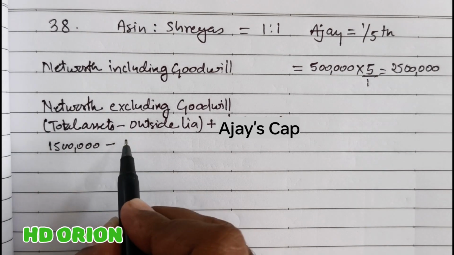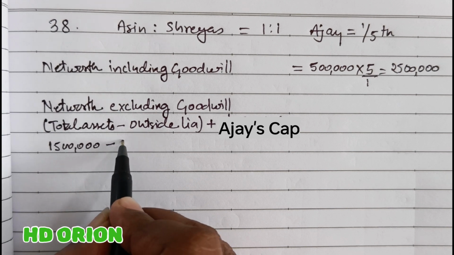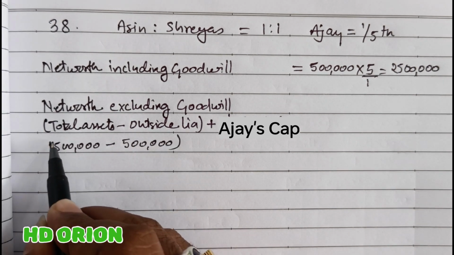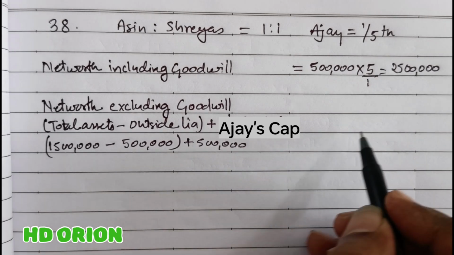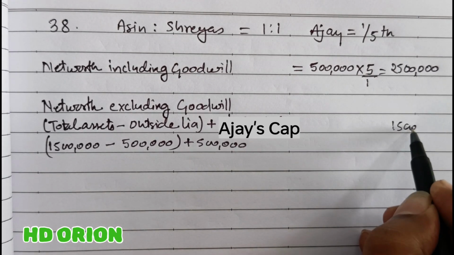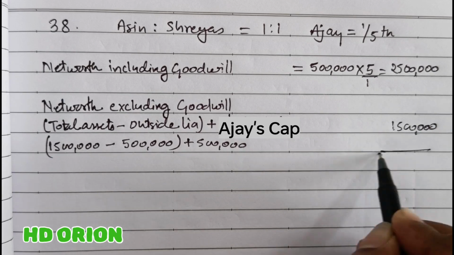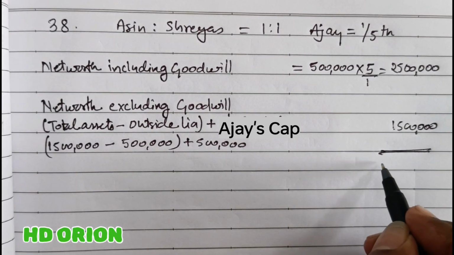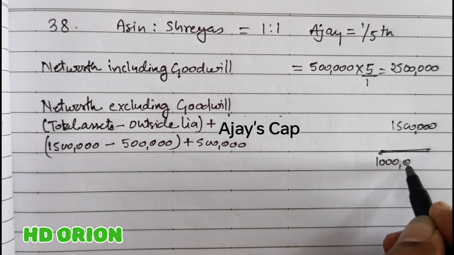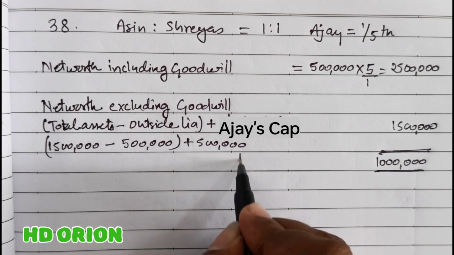And outsiders liability is how much? It is 5 lakh given in the question. Ajay is bringing his portion of capital rupees 5 lakh. So it is how much? 15 lakh. 15 lakh is the actual capital of the business. Now, when you compare this, 10 lakh is the total goodwill of the firm, and this is hidden goodwill.